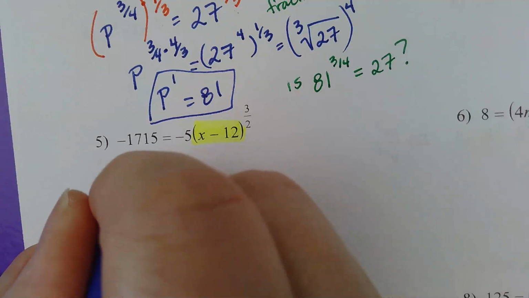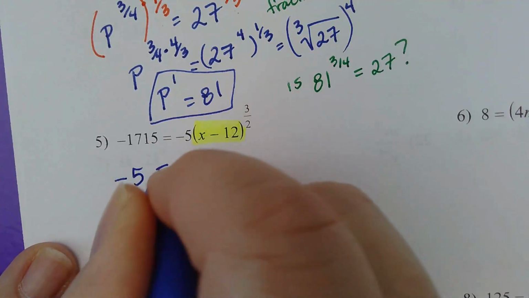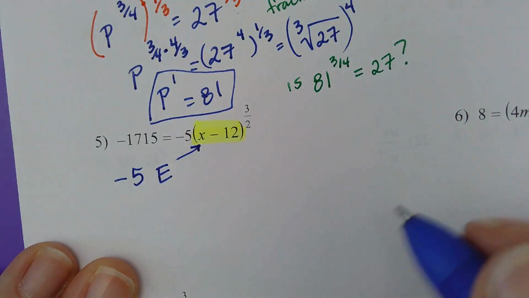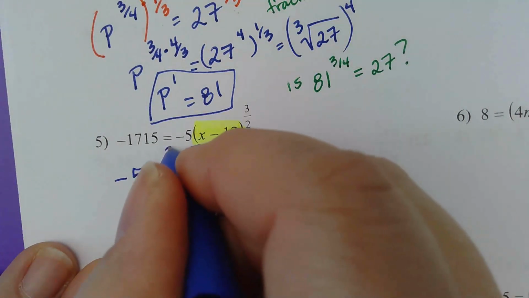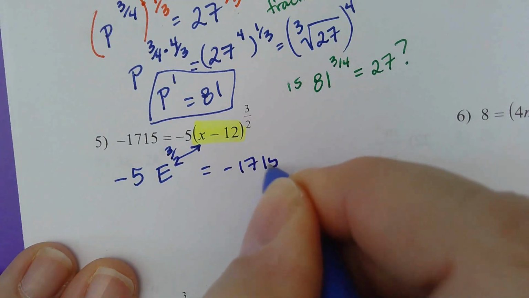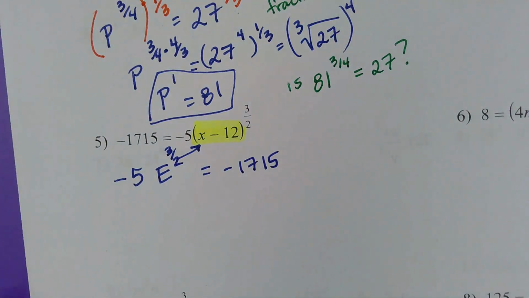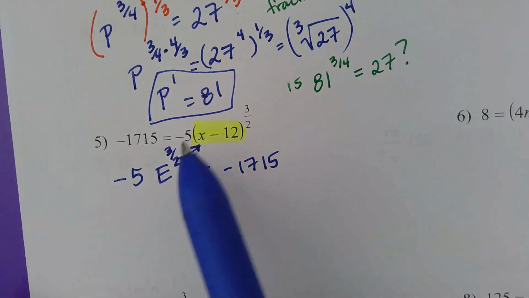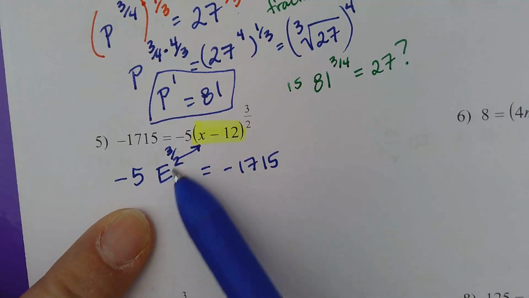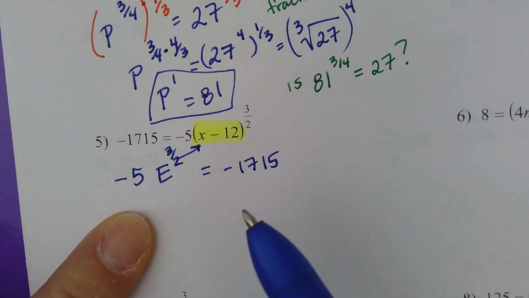So I'm going to write negative 5e, which is my expression I just highlighted, to the 3 over 2 equals negative 1715. You okay with that, if I do it like that? Yeah? Okay, so I can see really clearly now the exponent only goes to the expression because there's no parentheses anymore.